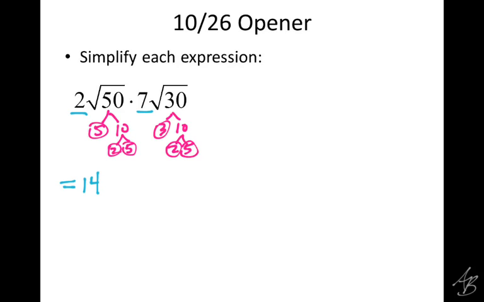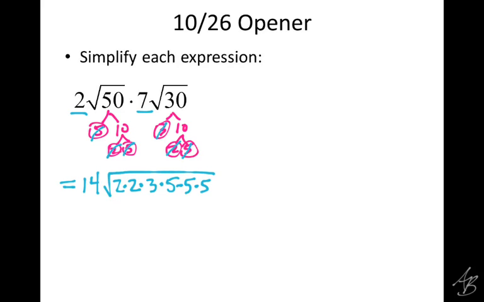So we're going to combine all the factors from the 50 and the 30 in one square root, and we want to put them in order so that we end up with pairs next to each other. All right, so I see 2 2s, 3 and 1 3, and 3 5s.